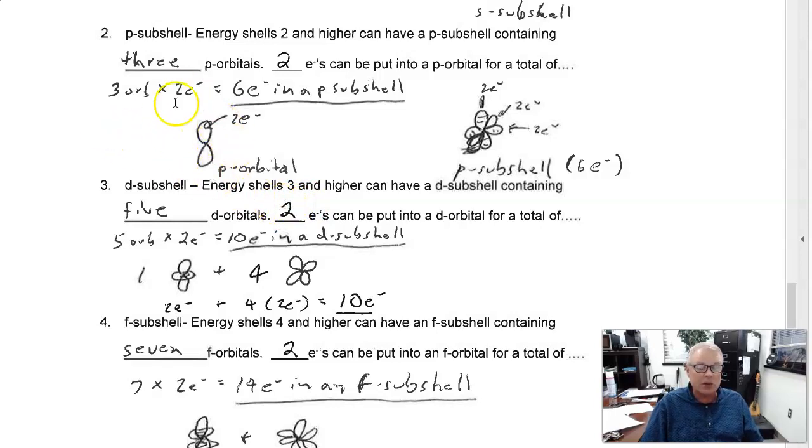Okay? 2 electrons can be put into this p orbital. Does that mean one of them is here and one of them is here? No, doesn't mean that. It just means somewhere within that region of space, I can fit 2 electrons. They both might be here, they both might be there, they might be here and here at the same time. Yeah, that's the best we can do.